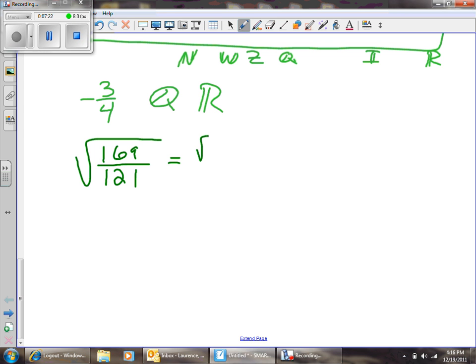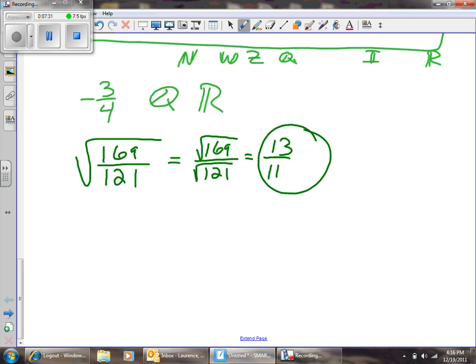Well, that's the same as the square root of 169 over the square root of 121, which is the same as 13 over 11, which is a fraction. It's not a natural number. It's not a whole. It's not an integer, but it is rational, and it is real.